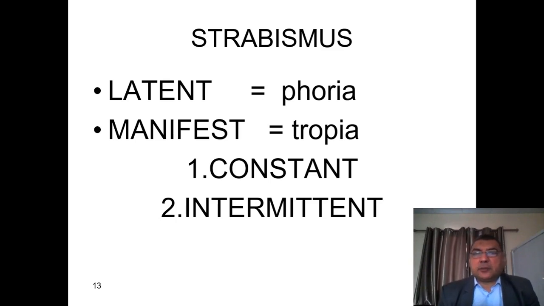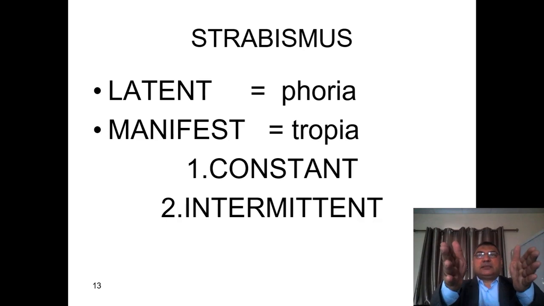We are going to discuss strabismus. What is strabismus? Strabismus is ocular misalignment. When you look at a distant target, your visual axis, which is the line from the fovea in one eye to the target, is parallel to the visual axis in the other eye.